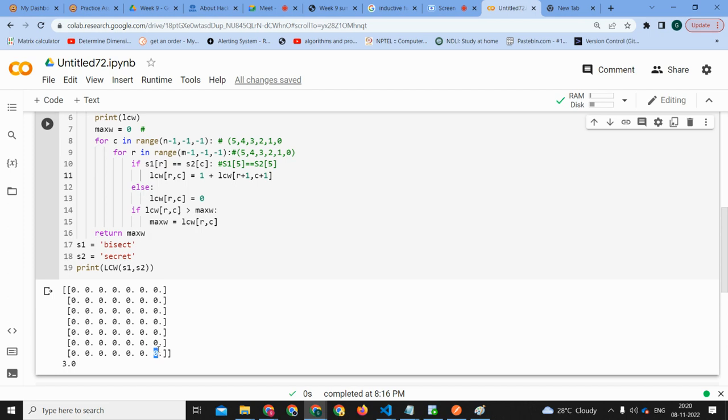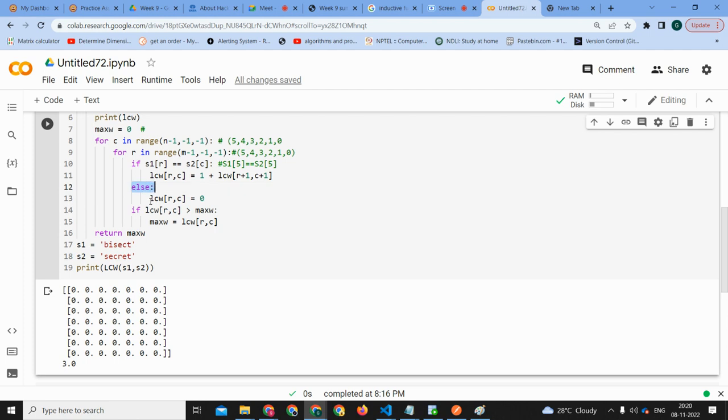So 1 plus the previous, the diagonal one, right? In this case, this will change to 1. Yeah, 1 plus 0, 0. That's right. So that is what we need, the diagonal one. So if the two characters are same, then add 1 to the previous diagonal. That is what the thing is.